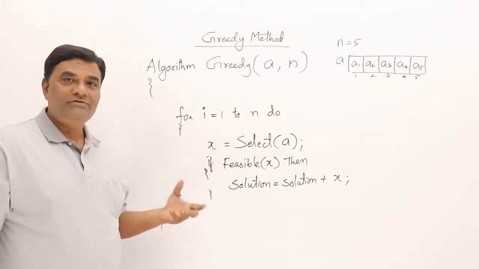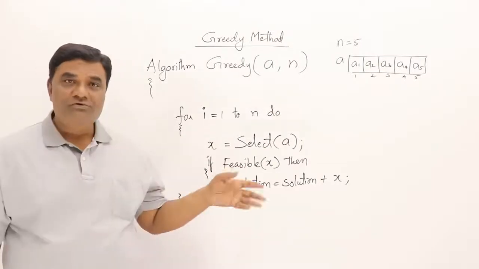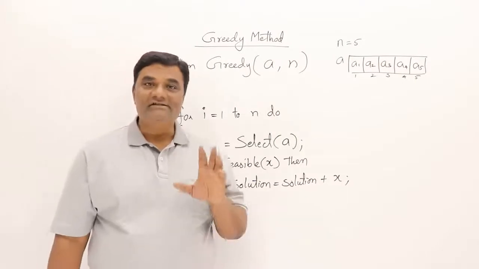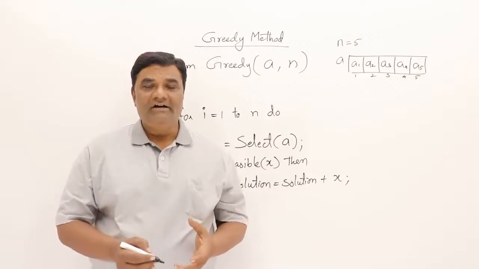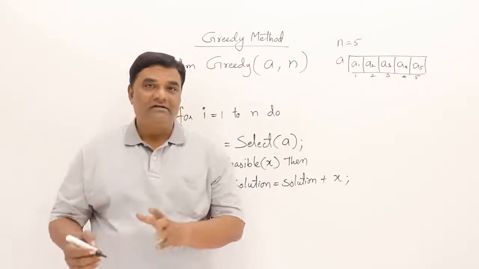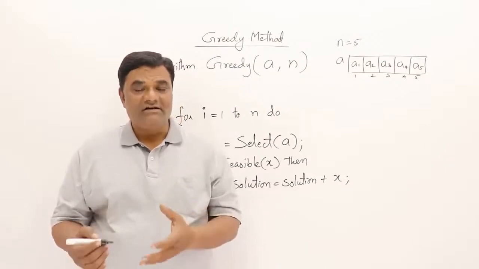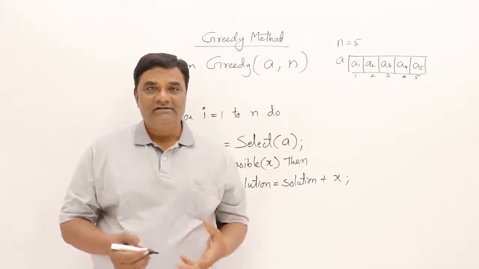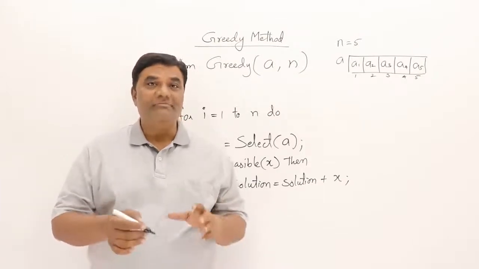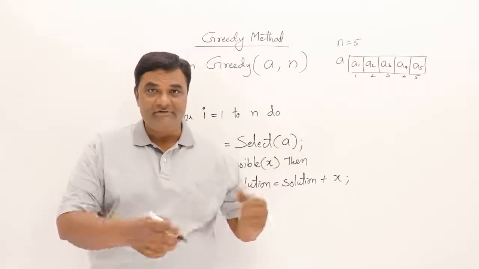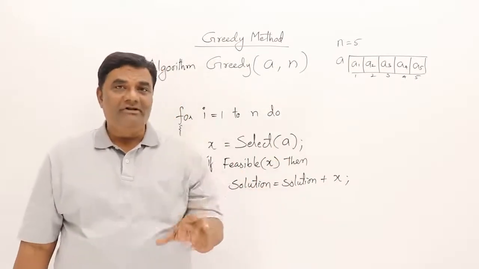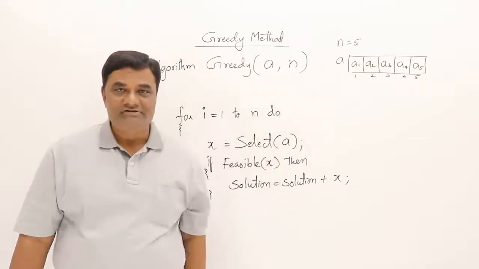Now I will explain this through an example. The approach of the greedy method is that, suppose you have to buy the best car in terms of features, an optimal car. The cost will be maximum definitely, but you want optimal in terms of features.